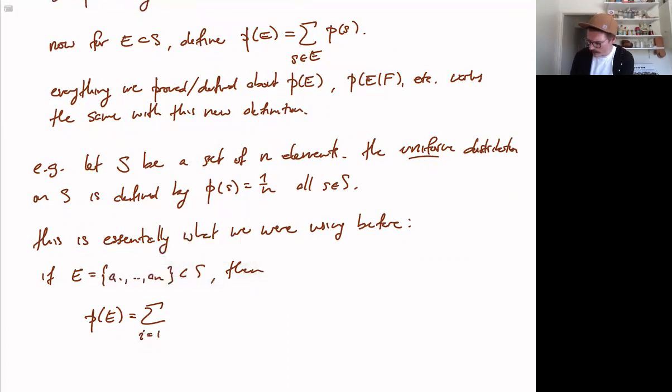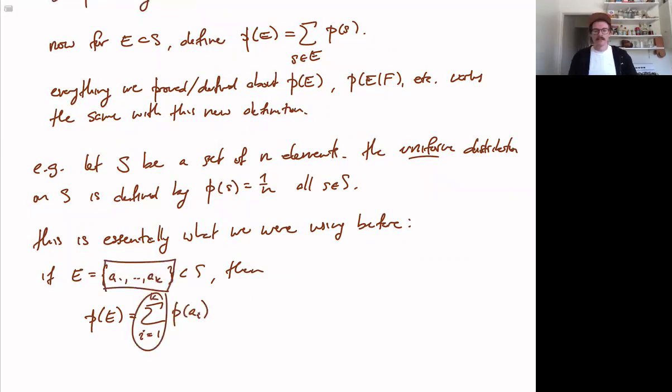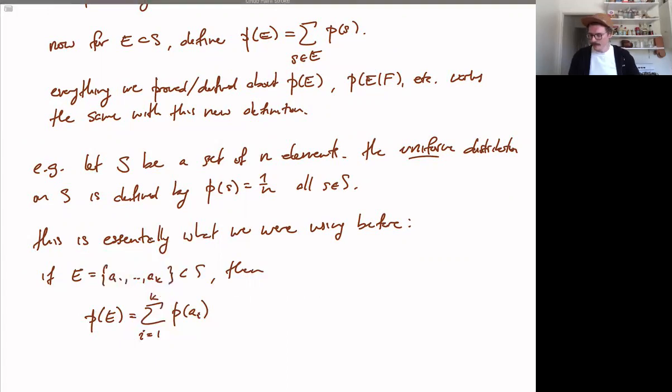So I used n for the size of S, so let me not do that. Let me call this k. So it's the sum from 1 to k of the probability of Ai. So this is just plugging in our definition here and writing the sum in terms of this, having written E as elements A1 through Ak.